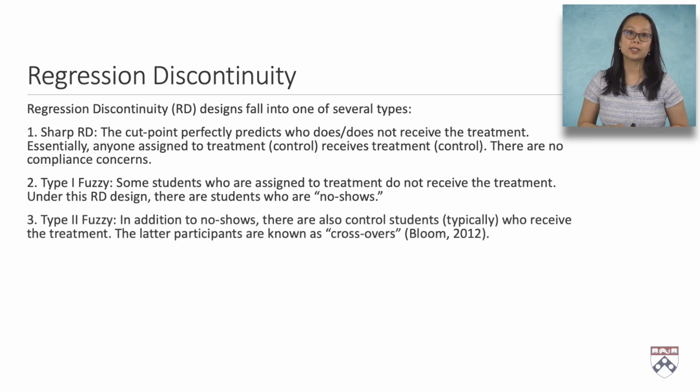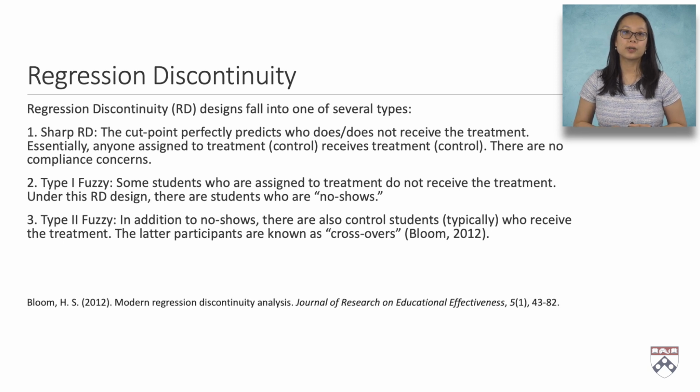The other type of fuzzy design is known as a type 2 fuzzy, where in addition to no-shows, we also have control students, typically, who receive the treatment. And these are students that are known as crossovers. So crossovers in this case are students who are originally assigned to control, but for some reason they are able to convince, let's say, an administrator, or they are able to sneak into the treatment group and end up receiving the treatment ultimately.